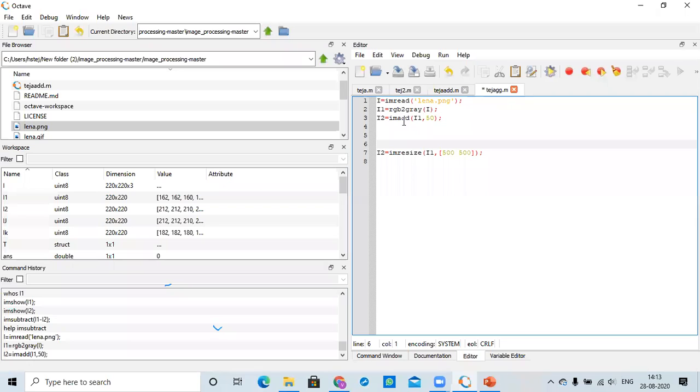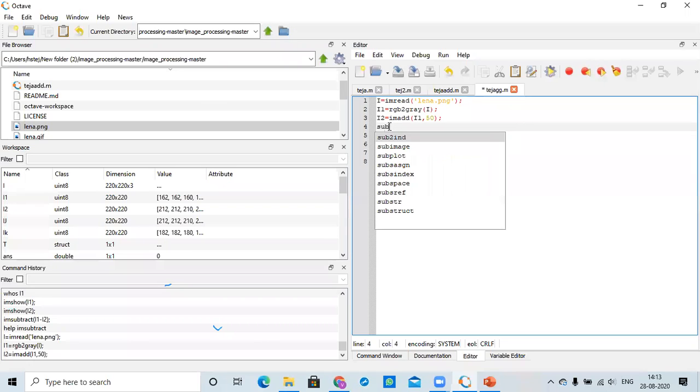Let us take this to our command editor window. I have two images, I1 and I2, and I want to plot them in one picture. For that we have to use subplot. How many rows and columns I want: for example, one row, two columns. The first picture is imshow I1.